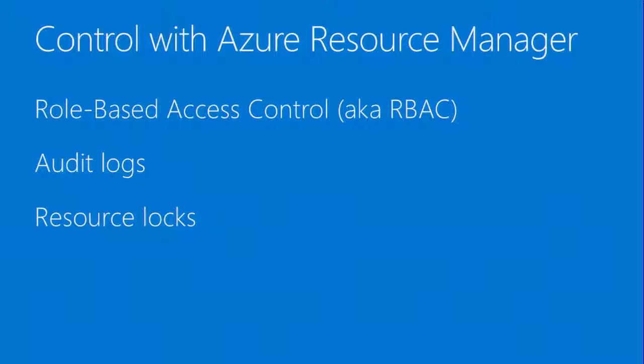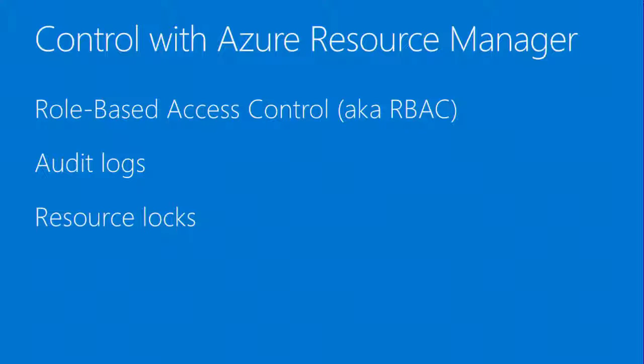The next one, which is playing into the control space, an important topic is role-based access. That has been asked for months, years now. Role-based security on top of Azure resources, right? Resource groups and ARM make that possible. We'll talk about that in a little bit more detail.